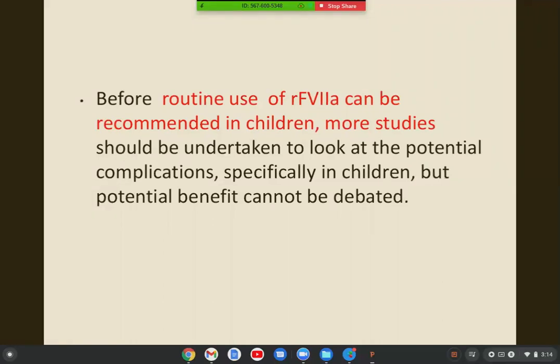For this reason only, on the virtual PICU group, I have shared an article which you should go over. Before routine use of recombinant factor 7A, more studies need to be done so that we routinely recommend it. Presently, potential benefit cannot be debated.